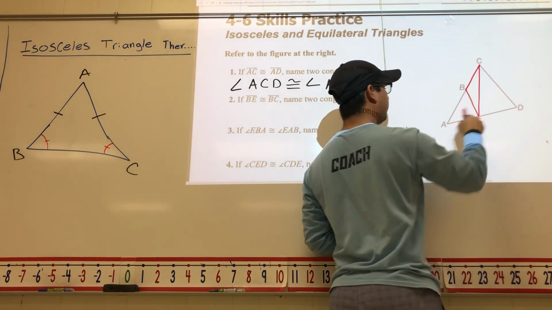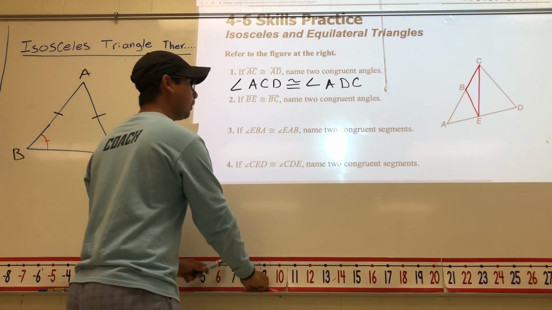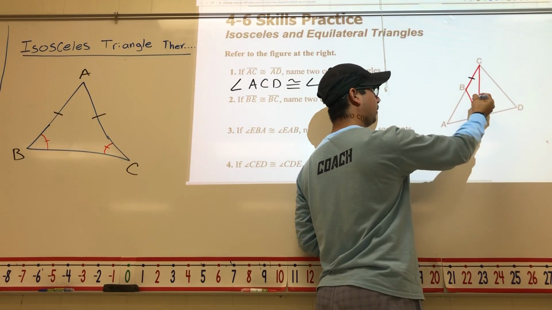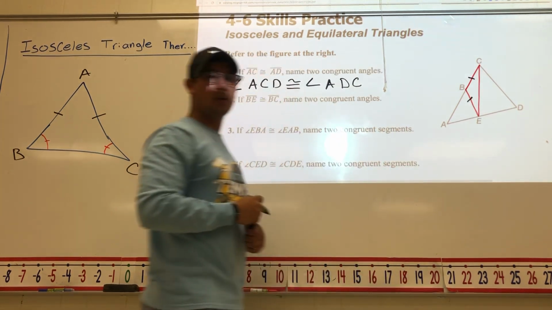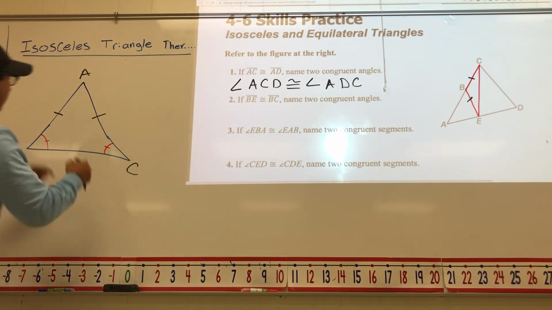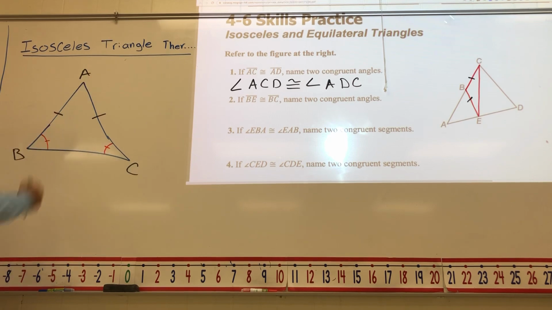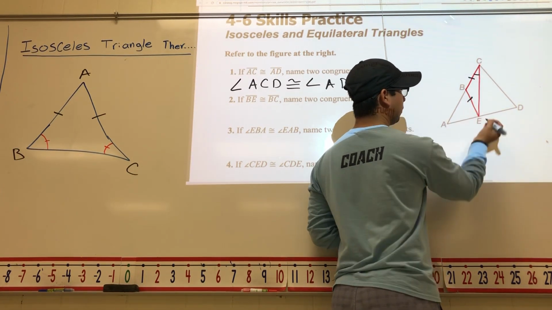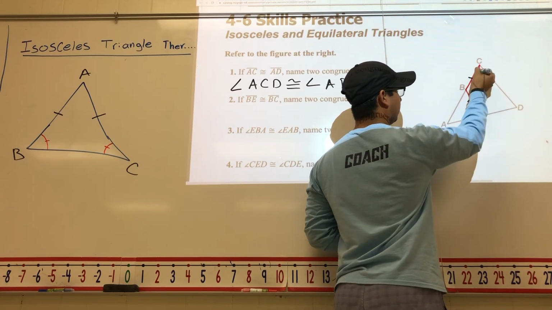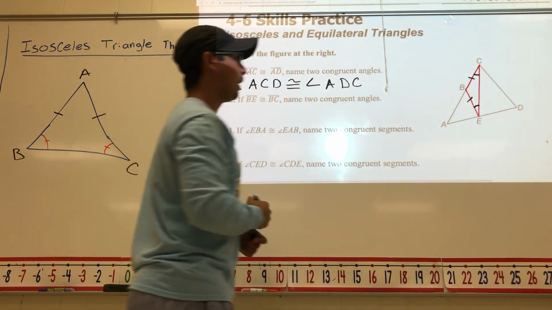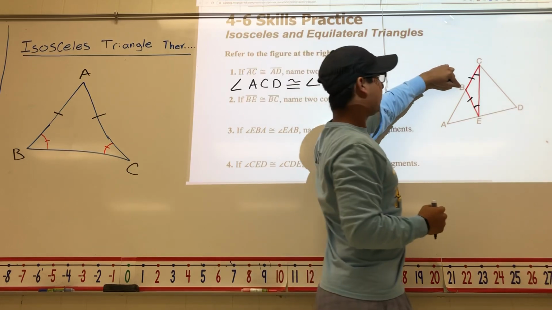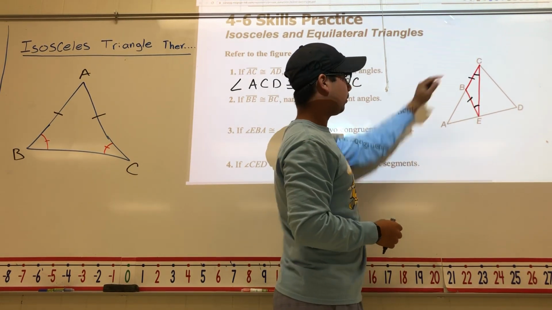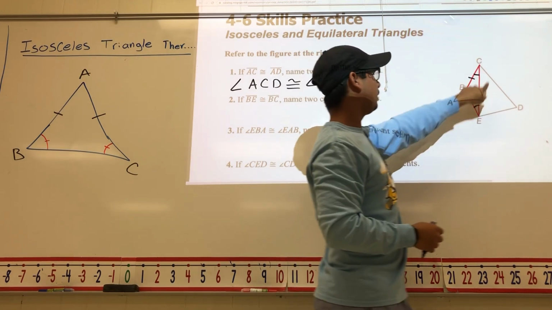Triangle BCE. And here they told us that this side, BC, is congruent to BE. So what does that tell us? Well, we're going to rotate this triangle to figure it out. So that's going to tell us that this angle right here is congruent to this angle right there. So what angle is that? Well, we have angle BCE is congruent to angle BEC.